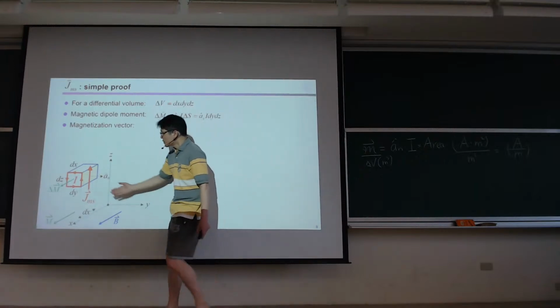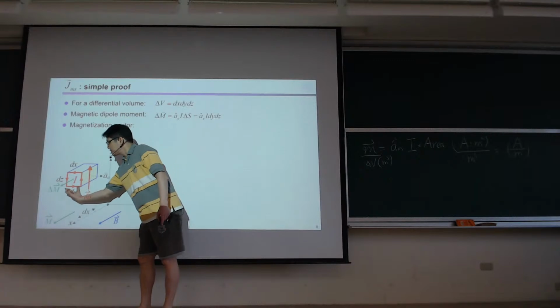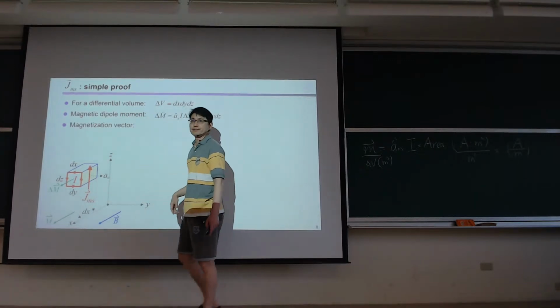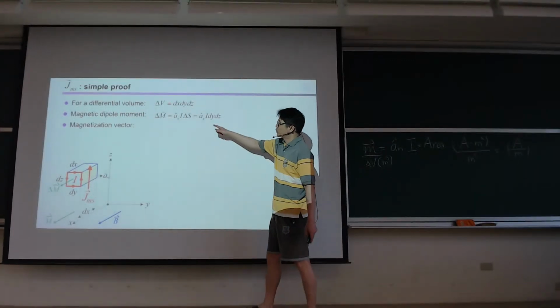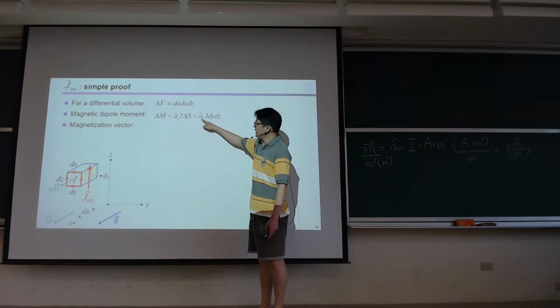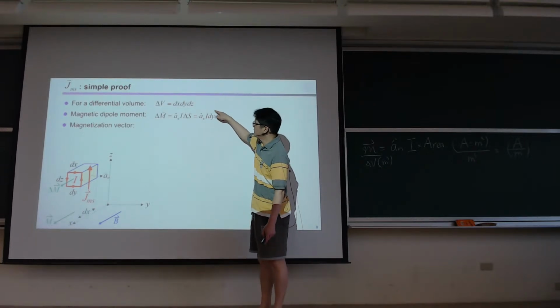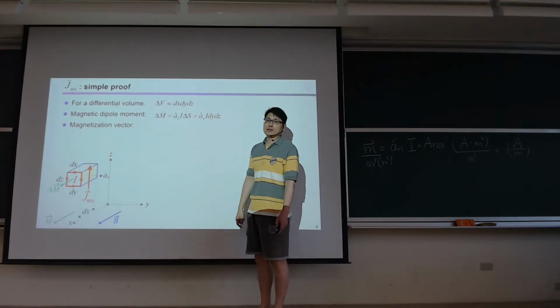So we only care about this surface area. Surface area is dy dz, but the direction is pointing in the x direction. So in the x direction, the amount of current times the area, dy dz.